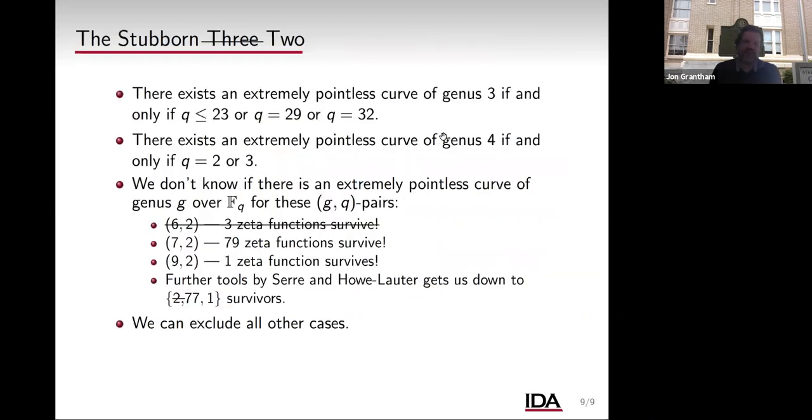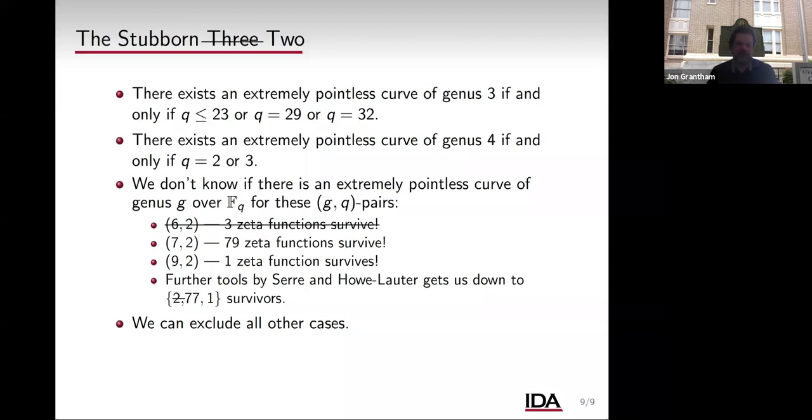Okay, so the first theorem is from Howe-Lauder-Top. It classifies extremely pointless curves of genus 3. The genus 4 curves, I guess one would say that was our theorem.